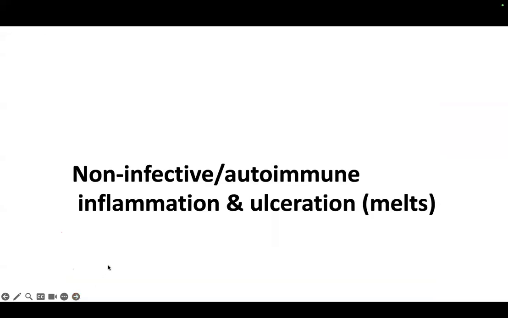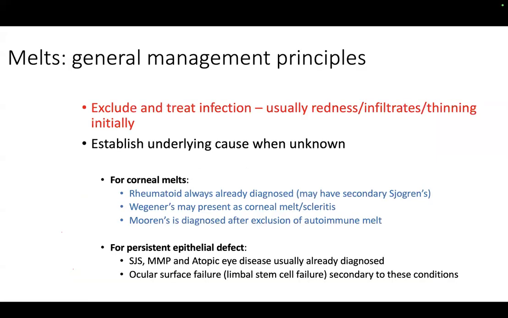So the other thing that we occasionally see, this is much rarer, is inflammation and ulceration due to non-infective causes, so autoimmune inflammation. And as a general rule, we're interested in excluding and treating infection before we make a diagnosis of an autoimmune melt.